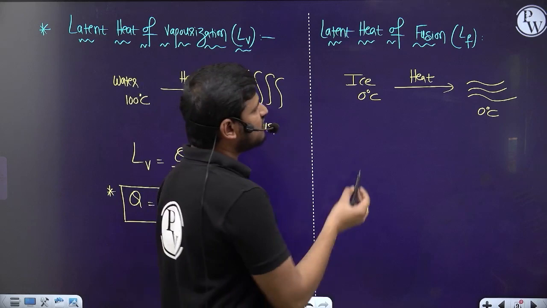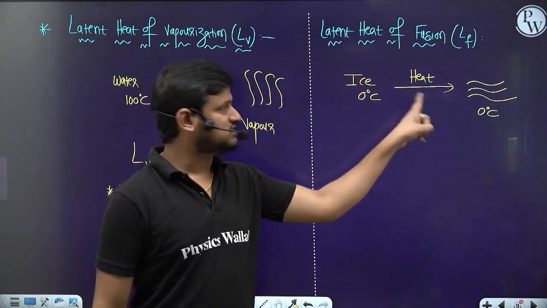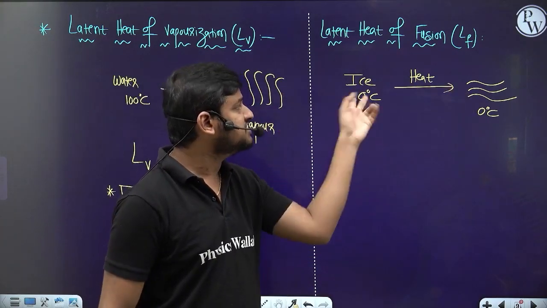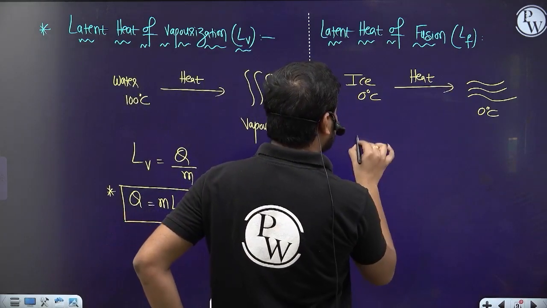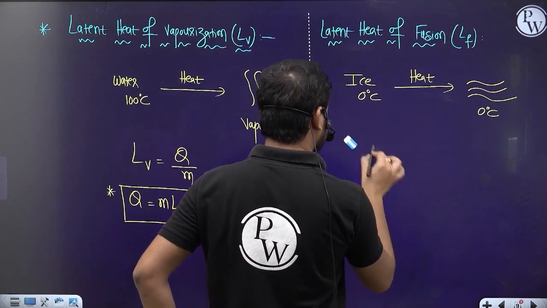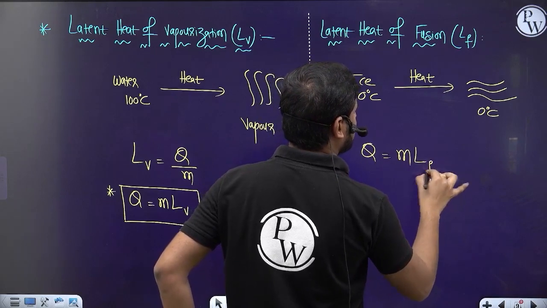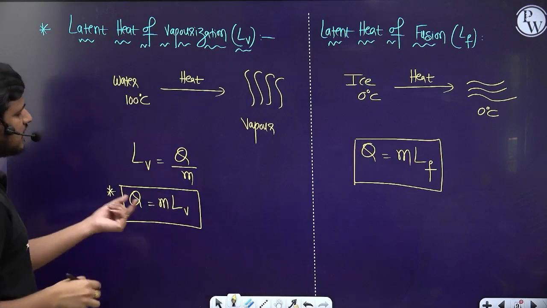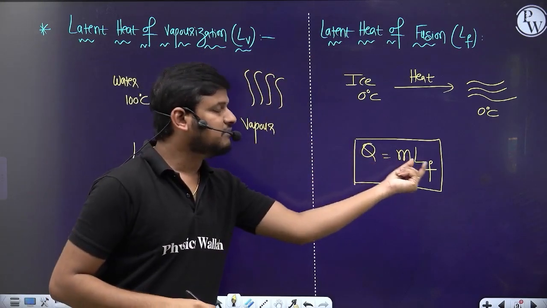So whatever heat you supplied is not being utilized in increasing the temperature of the body, it is being utilized in changing the state of the body. So the heat that you used is called the latent heat of fusion, so Q is equal to M into LF. So our Q is equal to M into LV for the latent heat of vaporization, and for the latent heat of fusion it is M into LF.